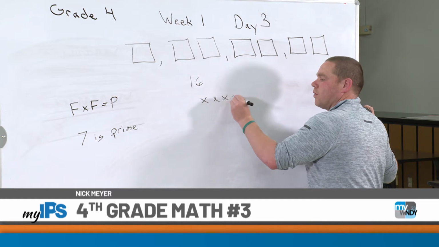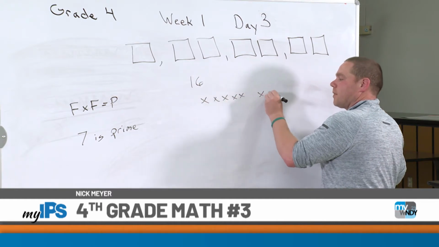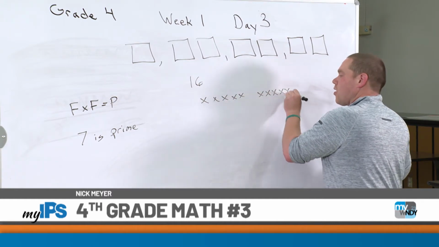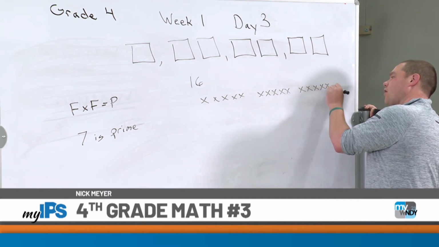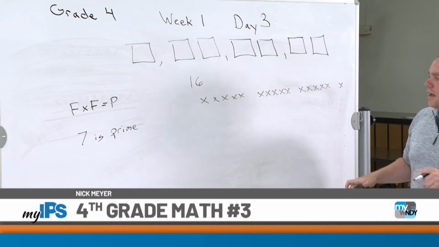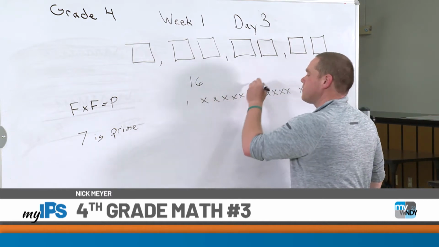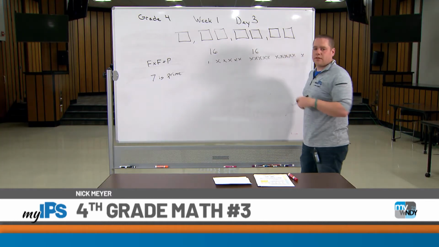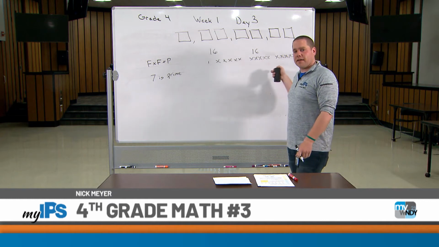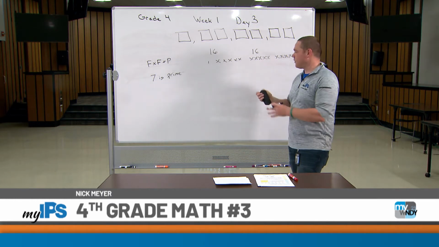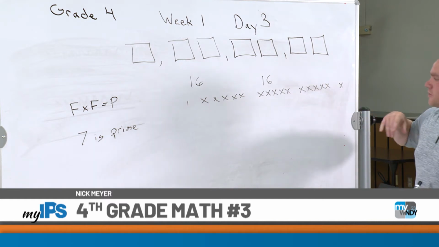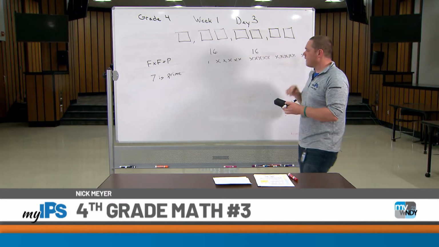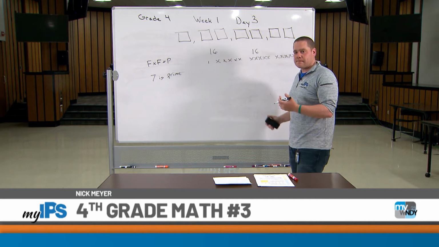1 times 16. Do you see the spaces that I'm putting in as I make it? That's so I don't have to keep count. So I know 5, 10, 15 plus 1 more is 16. So I can do 1 times 16. Is there another way to make 16?